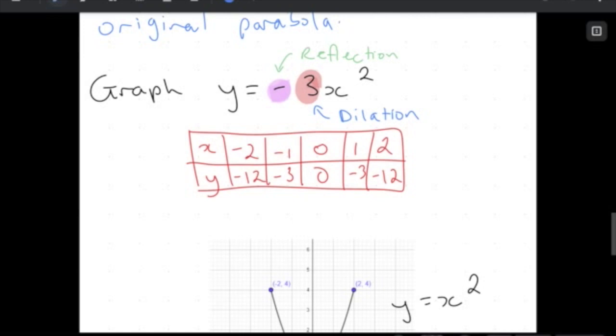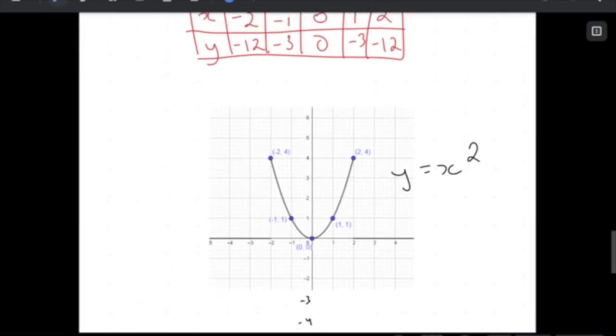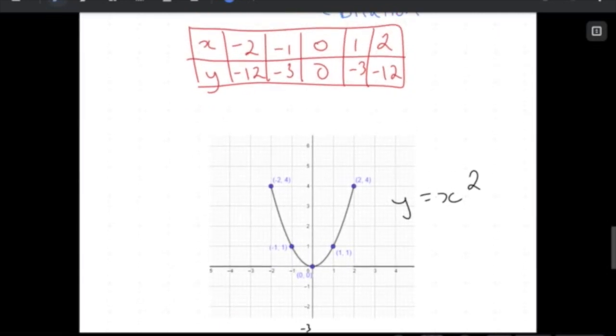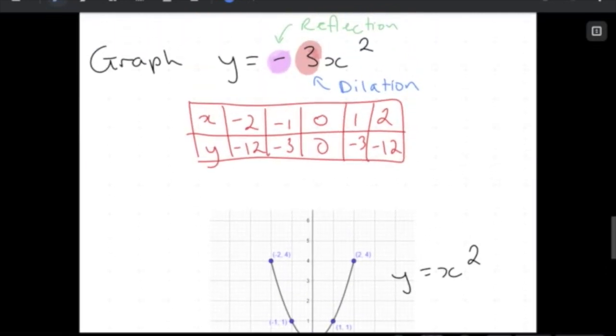And it's going to be a pretty big dilation because 3 is a little bit bigger than 1. So everything's going to be scaled here by -3. All of these points are going to get scaled by -3.